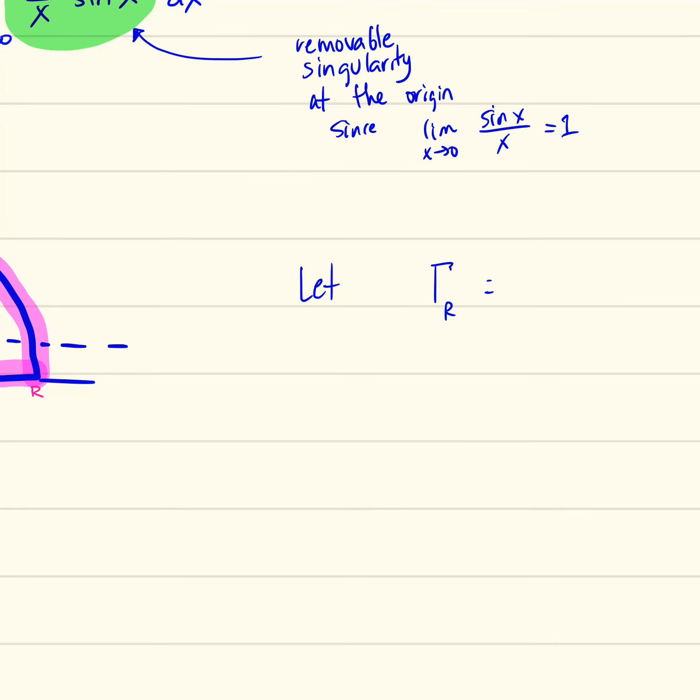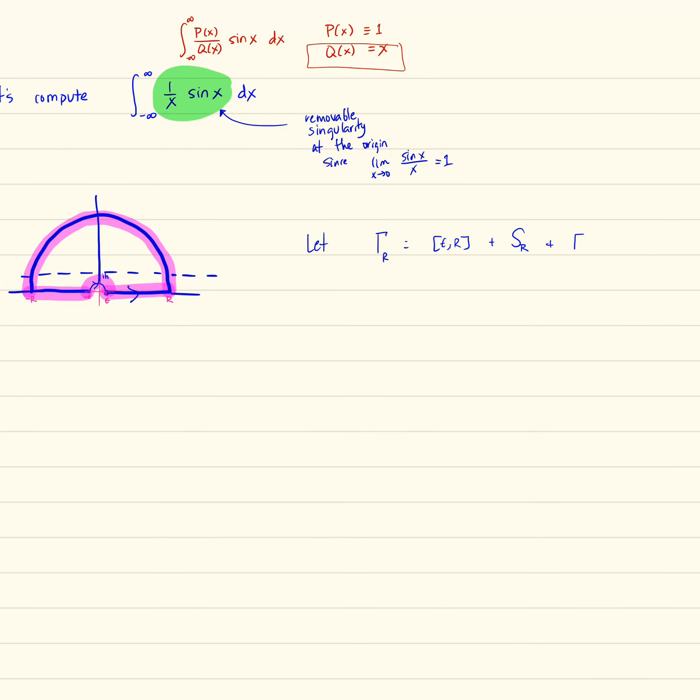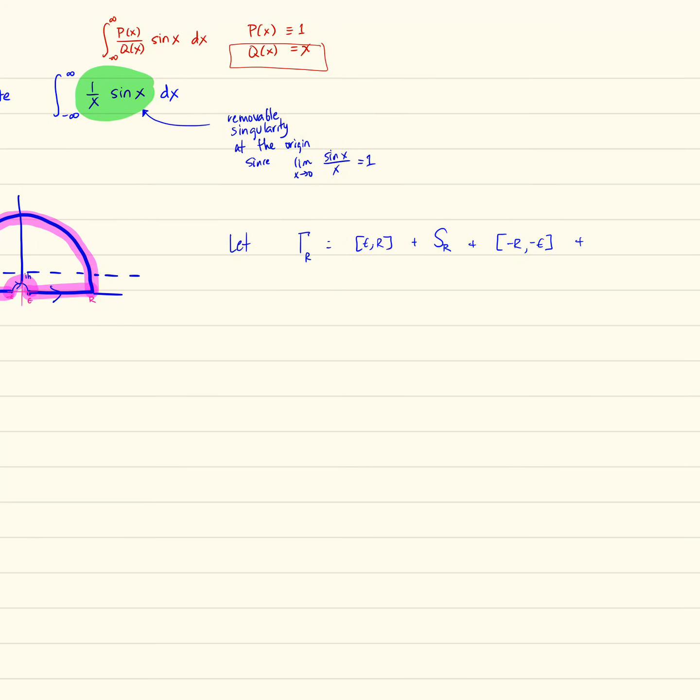Okay, so we're going to let gamma sub r be the interval from epsilon to r, and then that semicircle, and then the interval from negative r to negative epsilon, and lastly negative s epsilon.